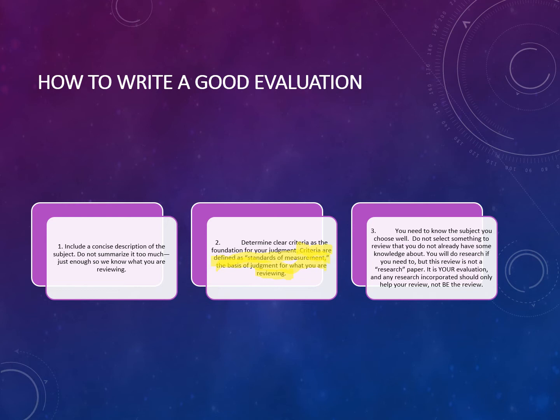You will do research on it if you need to, but this review is not a research paper. It is your evaluation, and any research incorporated should only help your review and not actually be the review.